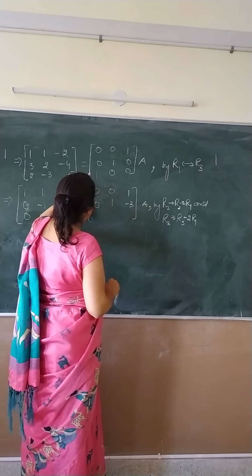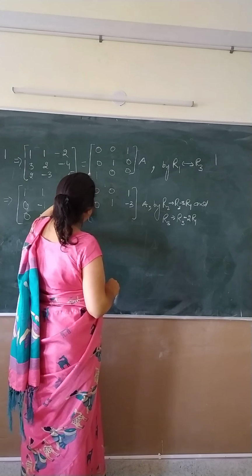Now here, multiply this by 2, subtract from this, you will get 1. Multiply this by 2, subtract from 0, you will get 0. Multiply this by 2 and subtract from 0, you will get minus 2. You will get this. Now, after this, what you have to do?